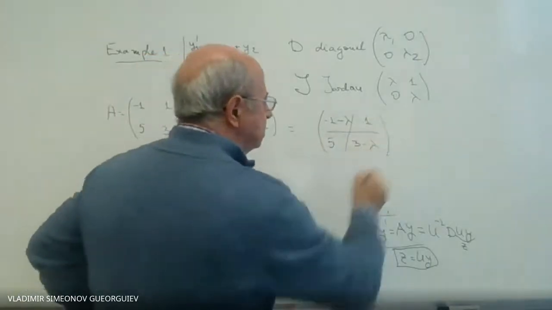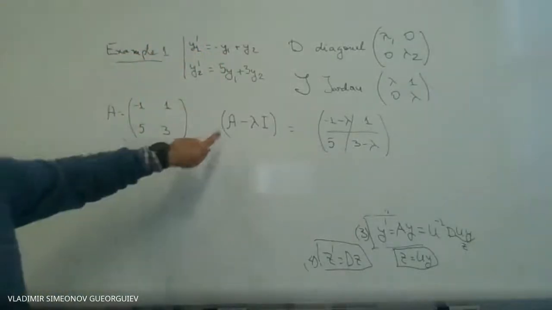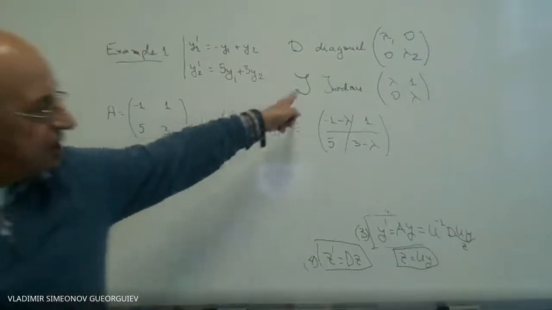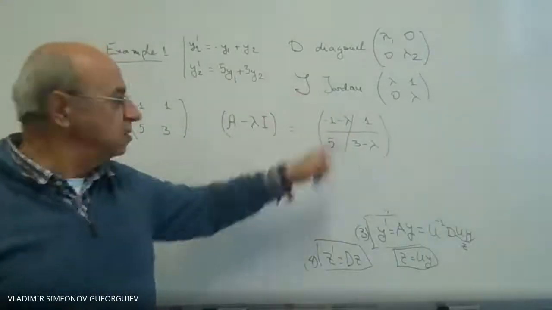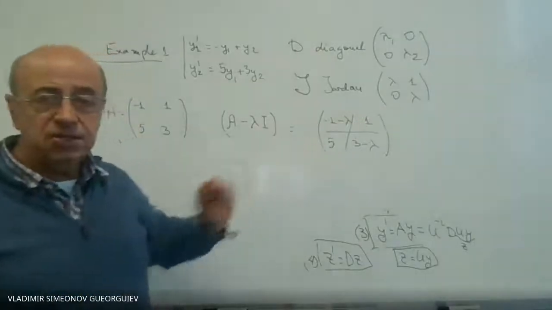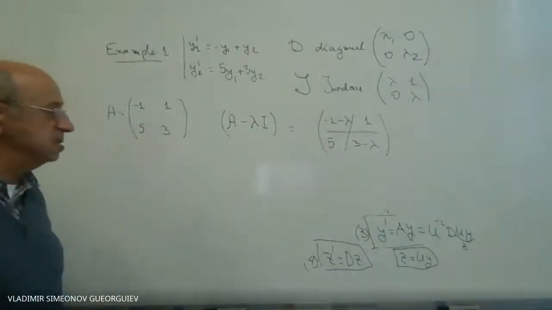As you can see, when you take A minus lambda E, minus lambda shall be on the diagonal, because this is the identity matrix, while the other two entries are the same as in the beginning.